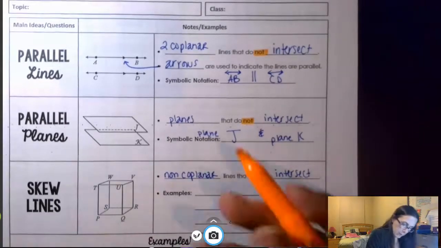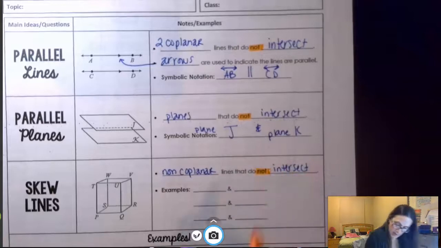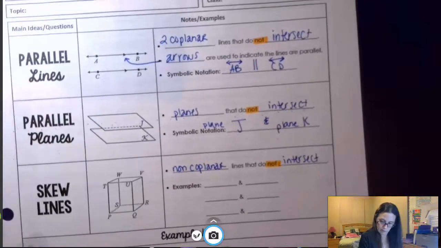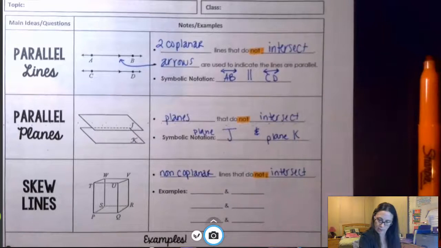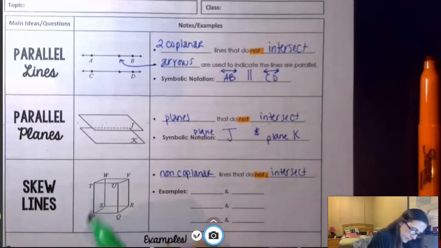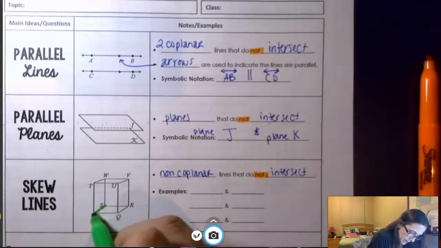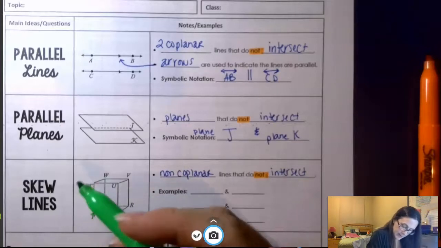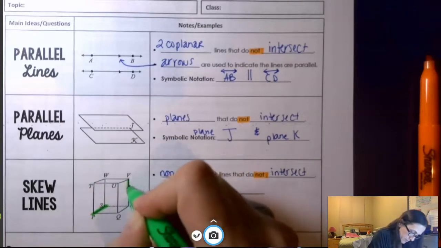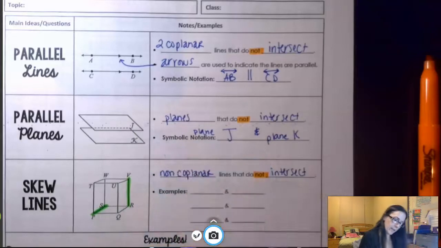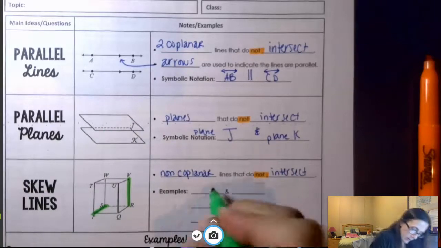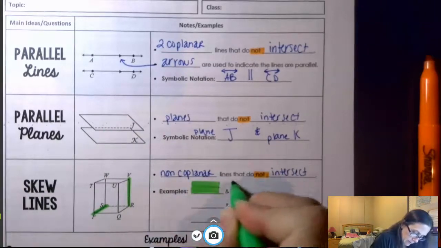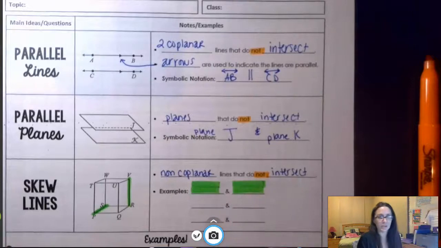Okay, so here we have quite a few. I'm going to use a highlighter to show some skew lines here. I'm going to start with green. This line SP and this line VR. Now SP and UQ also would be skew.